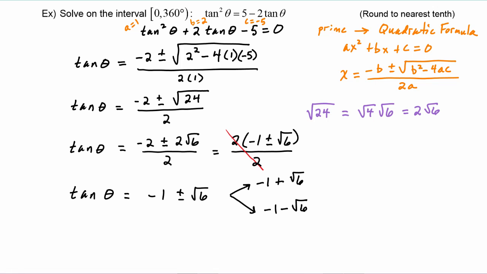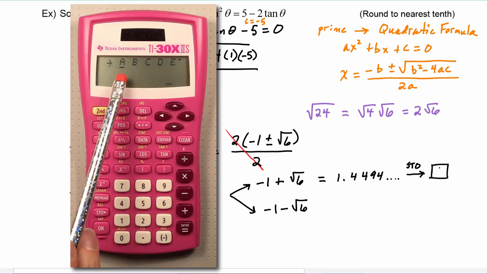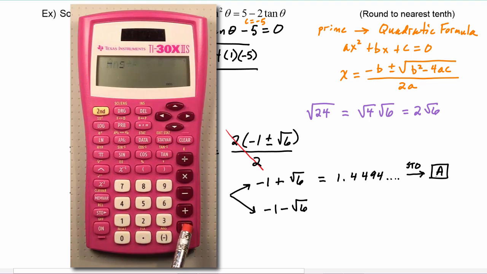So my suggestion to you is to take your calculator and put in there -1 plus radical 6, and you'll see that you get 1.4494, a whole bunch of decimal places. My suggestion to you is that you store this, so hit the store button there, and put it in a memory location, say A. Do the same for this one.